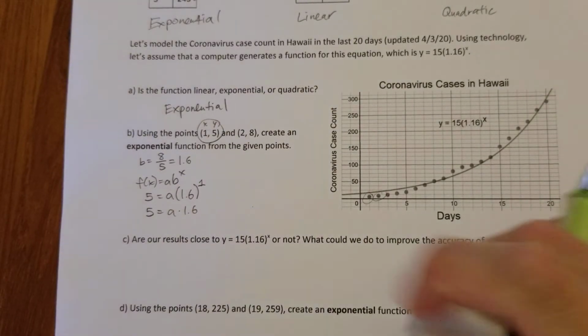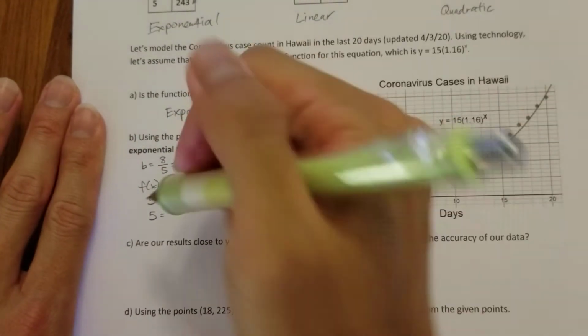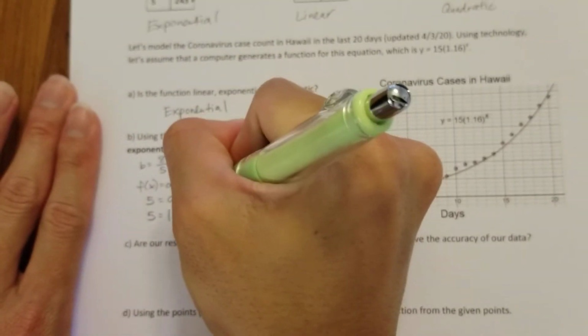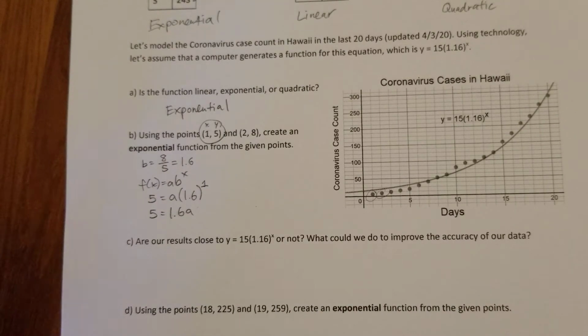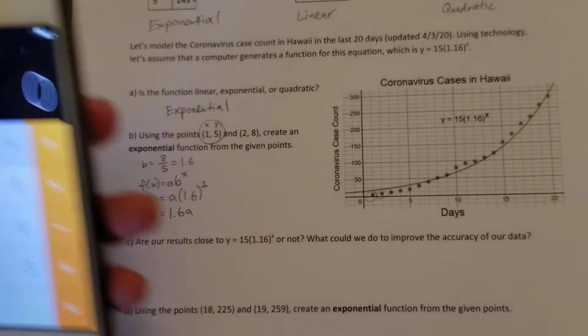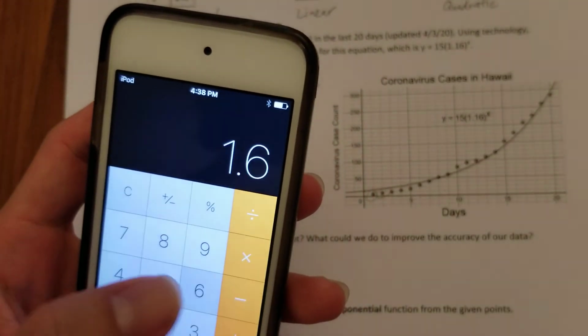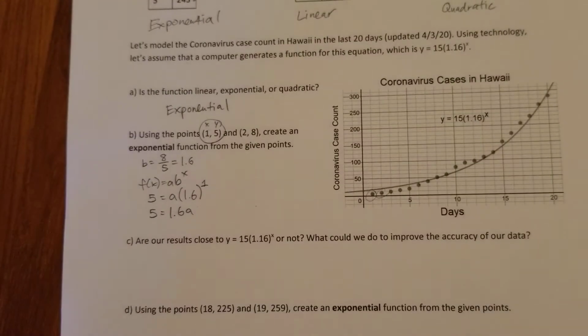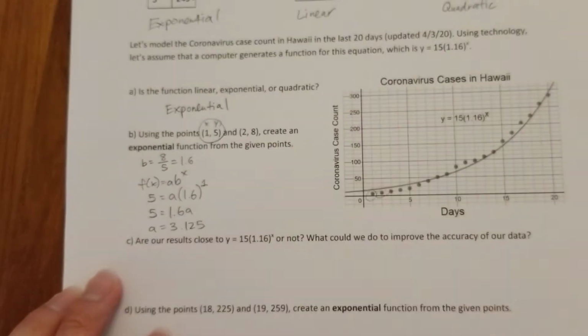Now, a times 1.6 is the same thing as 1.6 multiplied by a. Next, we want to solve for a, so you just go 5 divided by 1.6. It's going to be 3.125. So a is going to be 3.125.